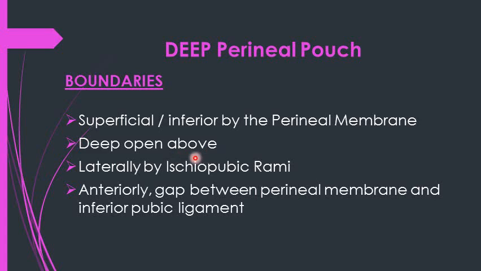There is no certain landmark on the deeper part. Laterally it is bounded by the ischiopubic rami, and anteriorly there is a gap between the perineal membrane and the inferior pubic ligament, which I have already shown you, that aperture or opening between these two.